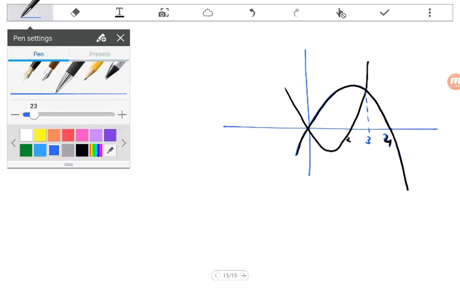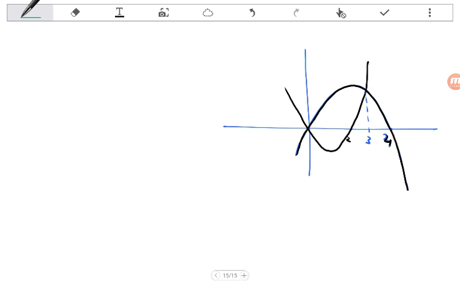Now he's telling me to find the area between both curves in the interval from 0 to 4. When he states some interval, I must take it from the first limit to the second limit, which is from 0 to 4, like this.